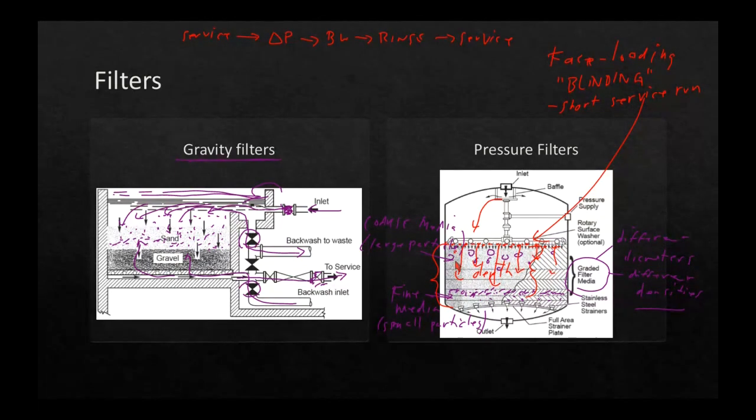So that way, instead of face loading, we get all of the dirt throughout the entire depth of the bed, and we call that depth loading. So the opposite of face loading is depth loading.